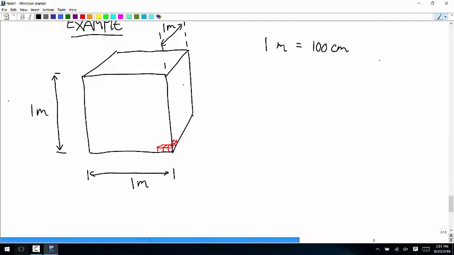The volume of this big box is 1 cubic meter, and the volume of these little ones are cubic centimeters. So we want a starting value of 1 cubic meter, and we want to convert to cubic centimeters.